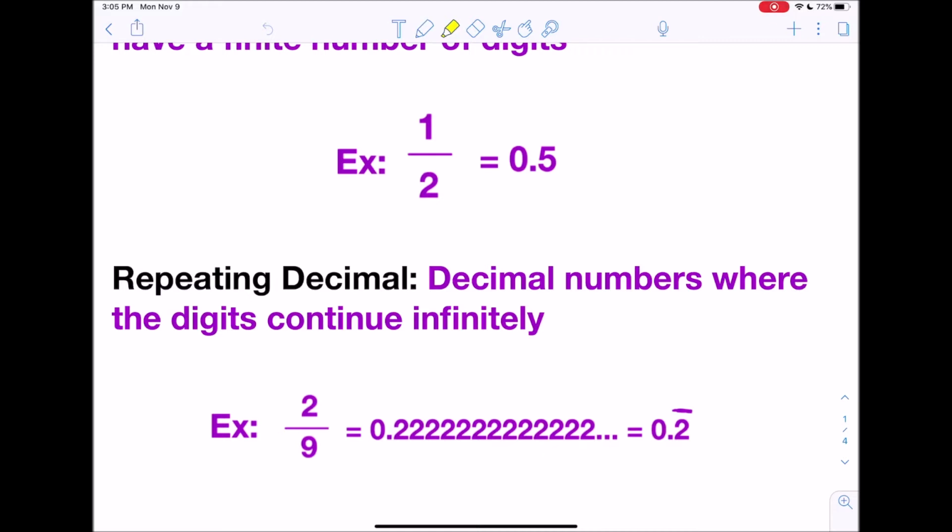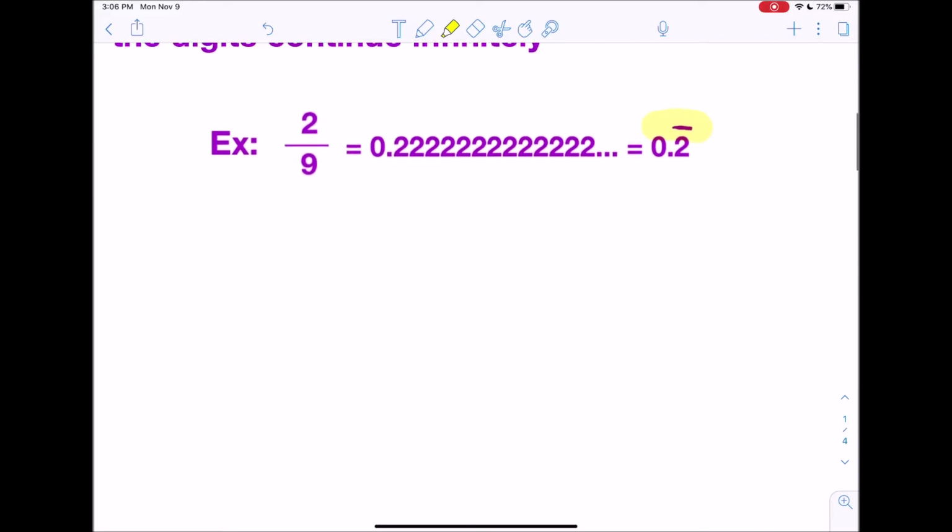So that is a repeating decimal because the remainder keeps repeating. It never ends. Okay, and we write that by putting this infinity bar above the decimal that repeats. So in this case, the 2 repeats, so the infinity bar goes above the 2. All right, let's take a look at a couple more examples.